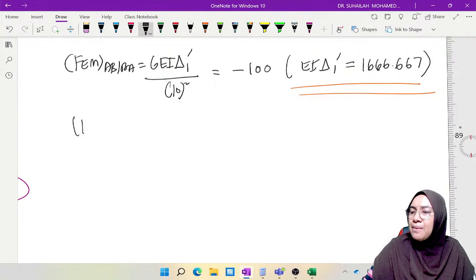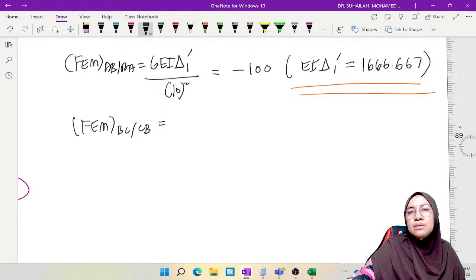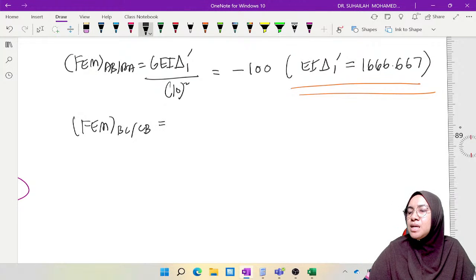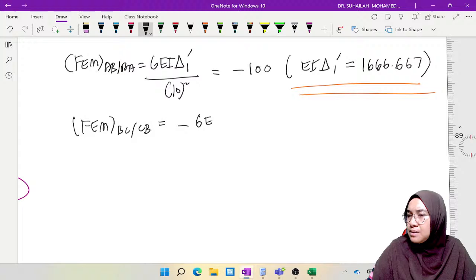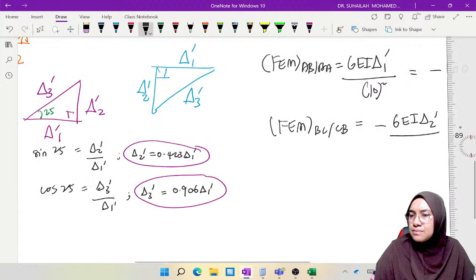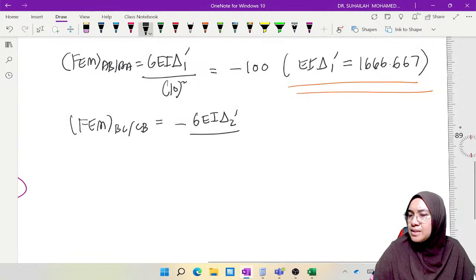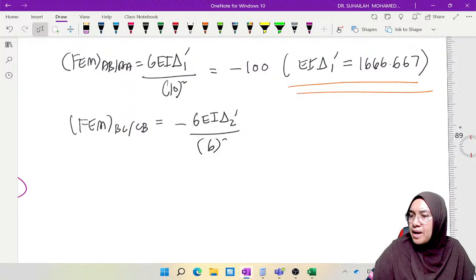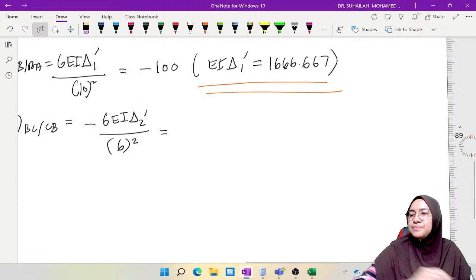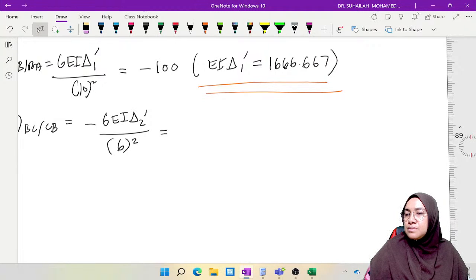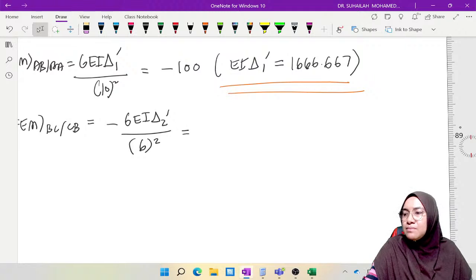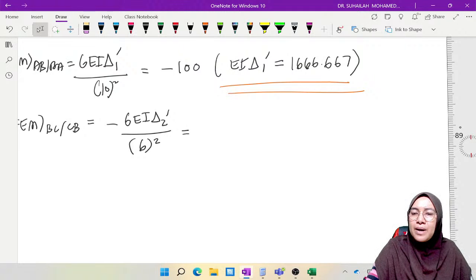So FEM BC equal to CB, and this will be negative 6 EI delta 2 prime over L squared, where L is 6. Now we calculate 6 divided by 6 squared.